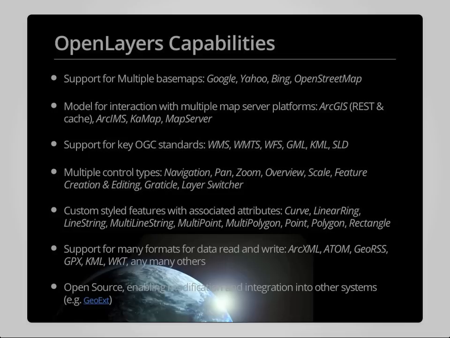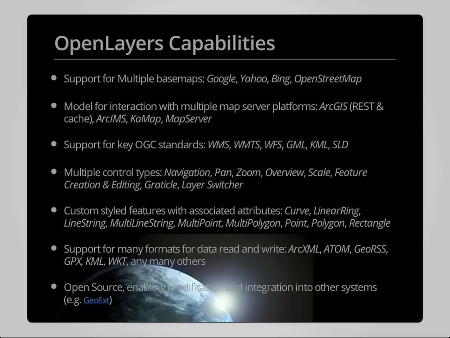So while you can pre-configure your map with a particular set of default map layers, you can provide a layer switcher control to the user that allows the user to then customize what they are seeing within the map through selecting different layers or enabling different layers. And we'll see an example of that in just a few minutes.